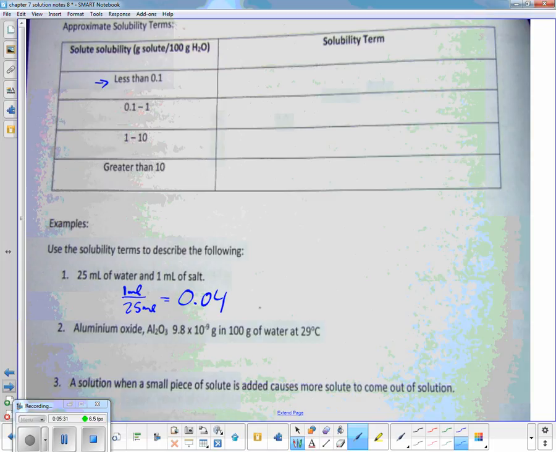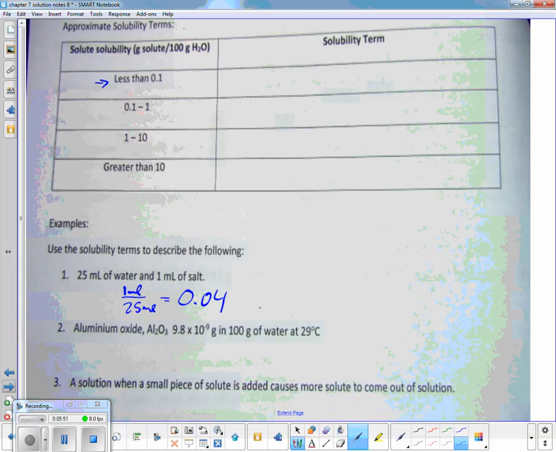So all you have to do is take the grams and divide it by the grams of water. Or if it's milliliters, milliliters by milliliters, and see what percentage you've got in there. It just is at that temperature. If it changed from that temperature, it's going to change how much I can dissolve.